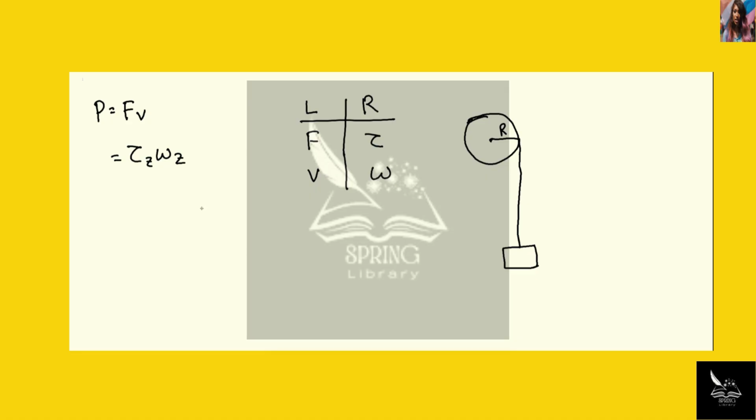We were given omega in revs per minute, so we need to convert that to radians per second. Omega z is given as 4,000 revs per minute.